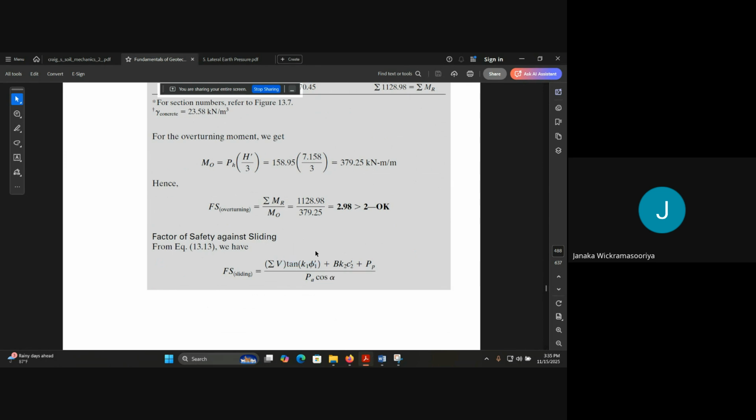Mu means the frictional force, and delta is taken as k1 sigma 1 dash, and R is the perpendicular reaction or the sigma V total.